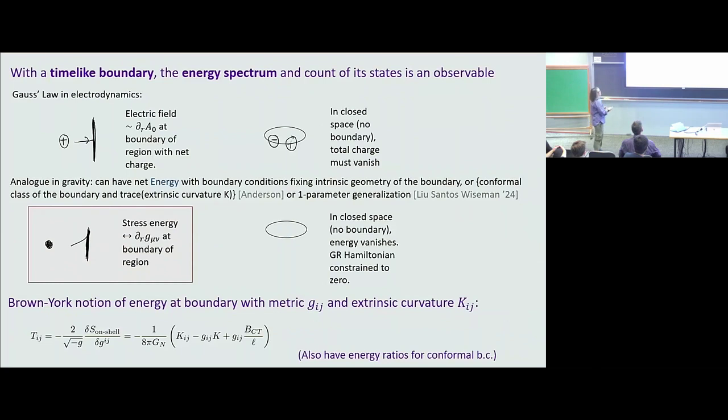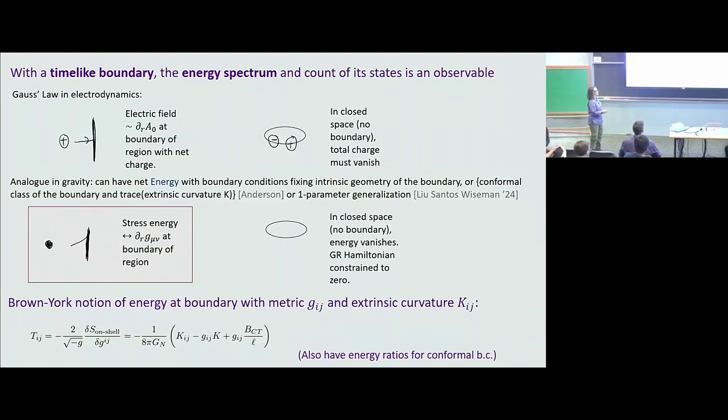In gravity, things are more subtle, but basically the idea is the same. If you freeze the intrinsic geometry of the boundary, then that's what you're freezing. You're not freezing the radial momentum corresponding to that, very heuristically the radial derivative of the metric there. And that's the thing that fluctuates, and that's the thing that plays the role of an energy.